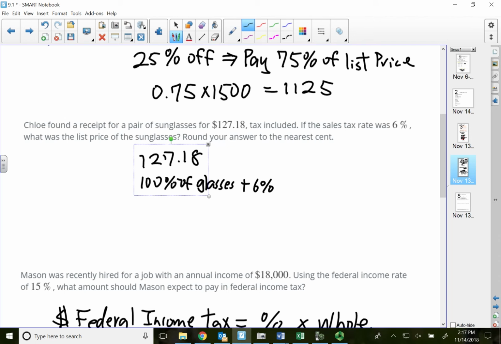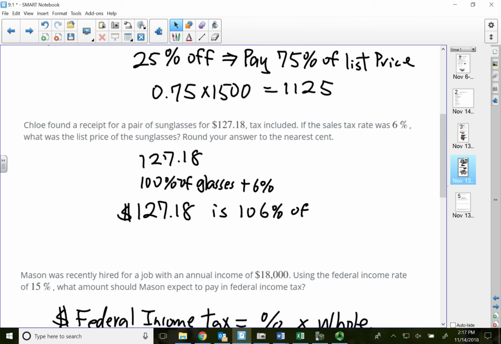So this entire $127.18 is actually 106% of the original list price or the sale price. Because it says tax included, that's 100% of the list price, which is whatever these glasses were costing, plus another 6% for tax.